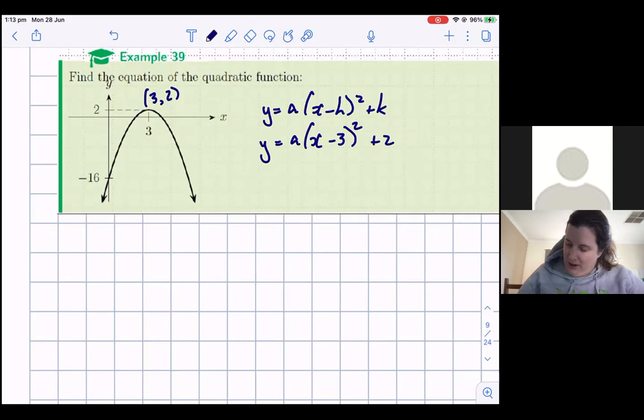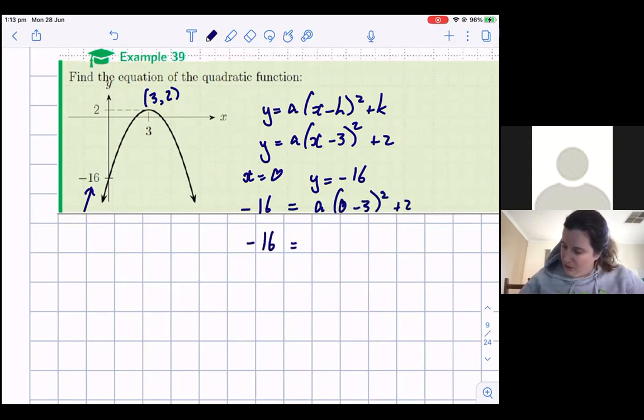I'm going to use the fact that they've given us the intercept when x is 0, y is -16. So we've got -16 equals a outside of x, 0, take 3 squared plus 2. So -16 equals 9a plus 2. Take 2 over, divide by 9. A must be -2, which means we've got y equals -2, x take 3 squared plus 2.